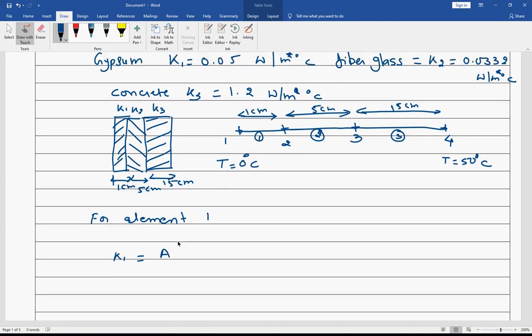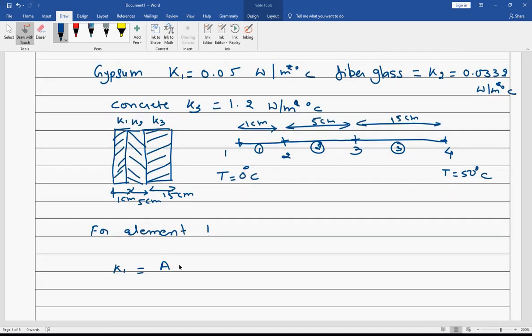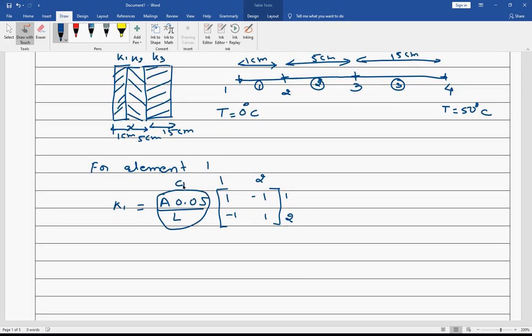The conductivity of gypsum is 0.05, so 0.05 divided by L. Now you have to convert L into meters, since it is given in centimeter, times the matrix 1 minus 1, minus 1 1. From the connectivity table, this is 1 2 1 2. Let's call this parameter C1.